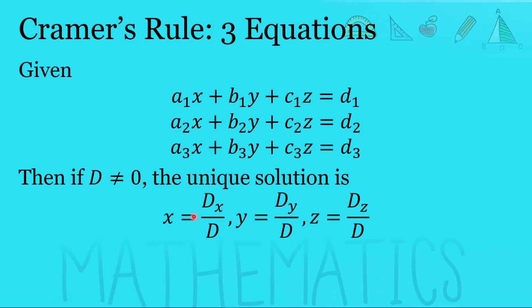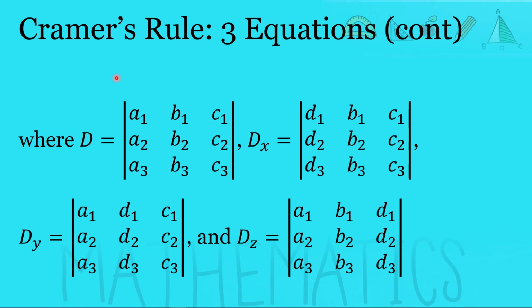Of course, now the D is a 3 by 3 determinant, and once again, D is nothing more than the determinant of the coefficients. dx is the determinant where the first column is replaced with the constant values. dy is the determinant where the second column is replaced with the constant values, and for dz the third column is replaced with the constant values.